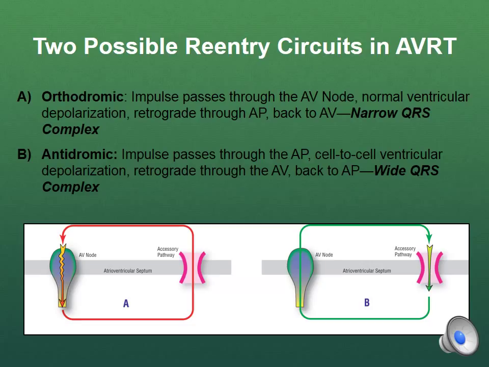Thus, it is able to accept that stimulus back into the atria without having a new stimulus, and it takes that back into the AV node, and the circuit is created.